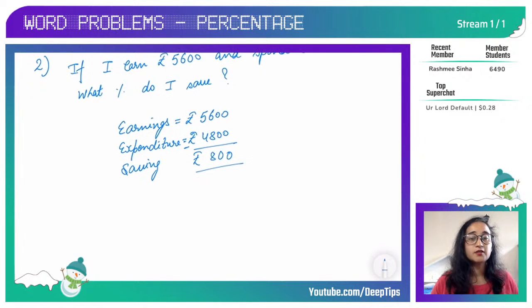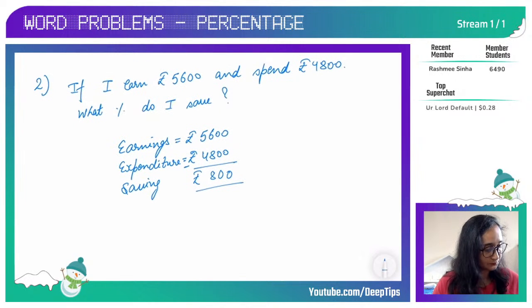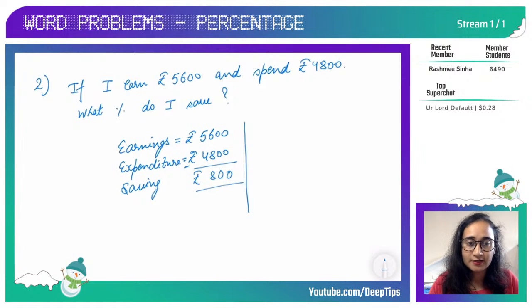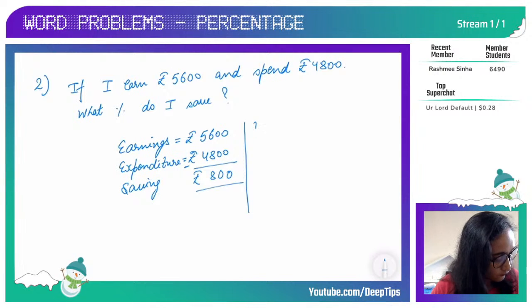Now, how do I solve it using the unitary method? I am saving rupees 800 for every 5600 rupees, because that is my salary, my earning. So how do we write? For every rupees 5600, my savings are rupees 800.